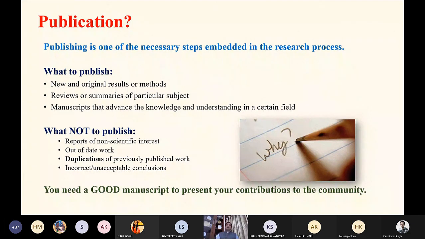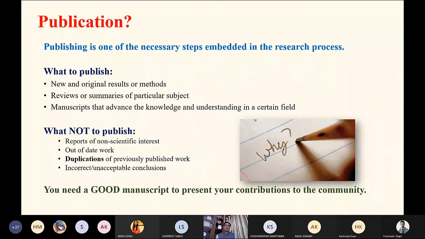So if you are writing a paper on a systematic review of literature, irrespective of the technique you use, and you come up with new findings from the review, after summarizing the different research papers, and your study is going to contribute something new to the literature, with innovativeness and new findings, only then should you go for publication.